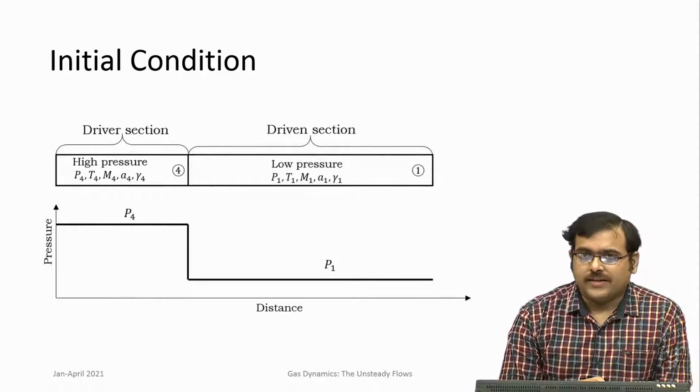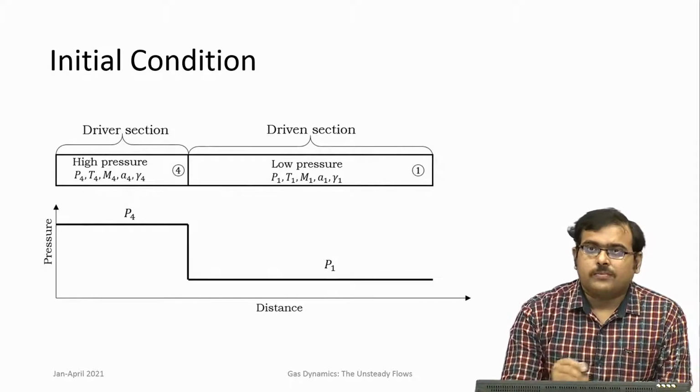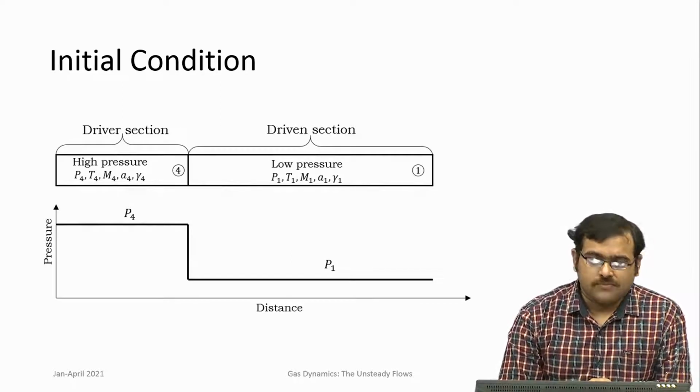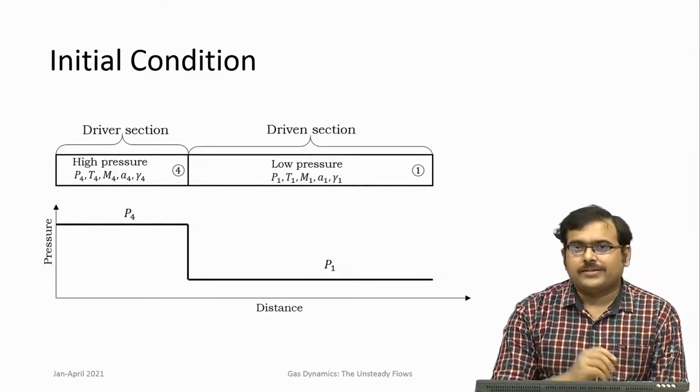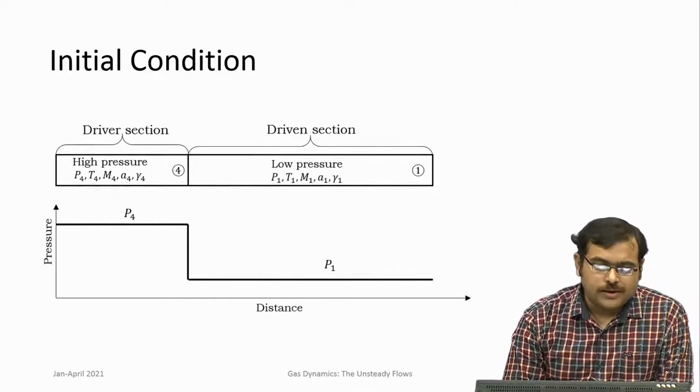There are no viscous effects, so it is an inviscid flow, but one can obtain the complete unsteady flow field in one dimension exactly. So, let us look at what this shock tube is and what the problem is.